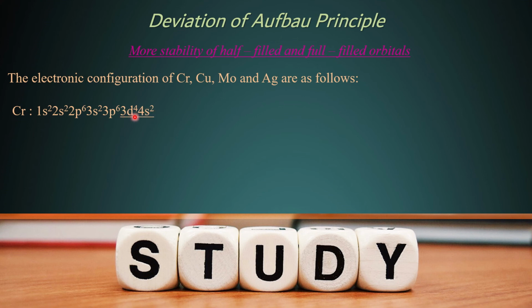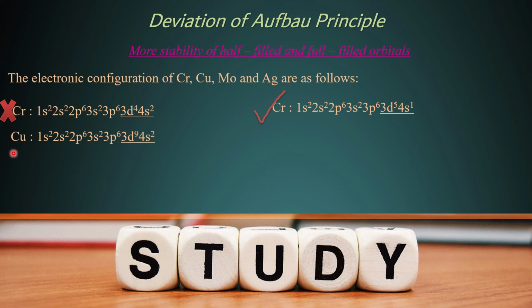If 3d gets 1 more electron, then it will get a half-filled condition. So here is another electronic configuration. Here the 4s orbital gives 1 electron to 3d to make it half-filled. Now from the general rule, the Aufbau principle, the first configuration should be correct. But chromium shows deviation to make the degenerate orbital half-filled. So this electronic configuration is correct and this one is wrong.